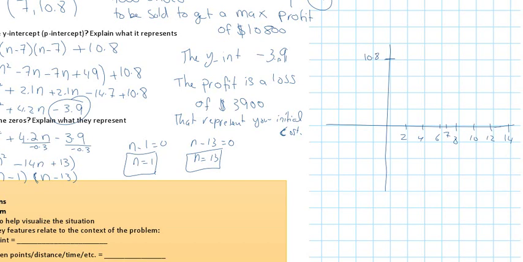My initial, or my y-intercept, is going to be at negative 3.9. And at 1,000 and 13,000, I'm going to break even, or I'm going to make zero profit.